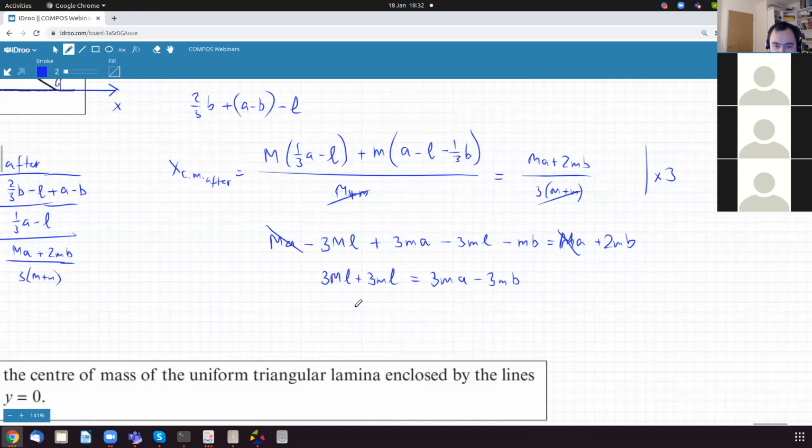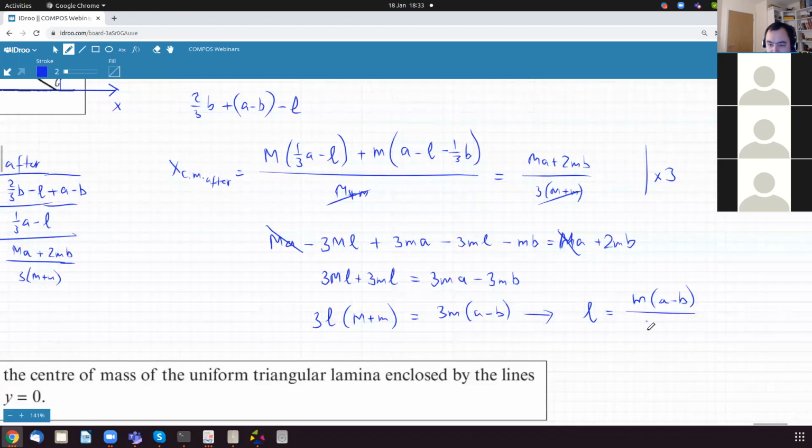I hope you're all right with this. And L, well, 3L times M plus M equals 3M times A minus B. So from here, L is equal to 3 cancels, M times A minus B, divided by M plus M. Perfect.